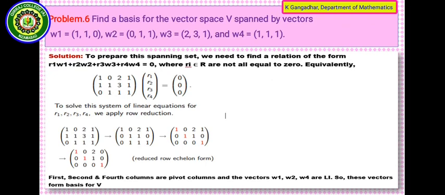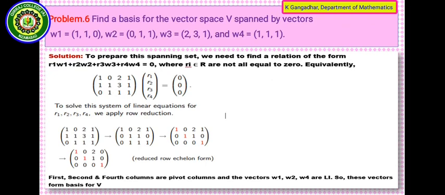The matrix A is reduced to upper triangular form by using row operations. In upper triangular form, we get 1 0 2 0, 0 1 1 0, 0 0 1. Here the diagonal values are 1 1 0 1, and the diagonal positions are pivot columns.